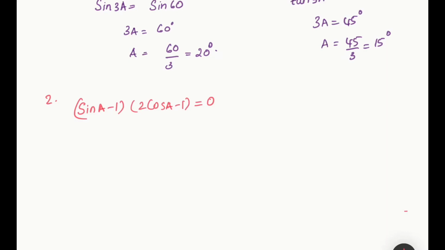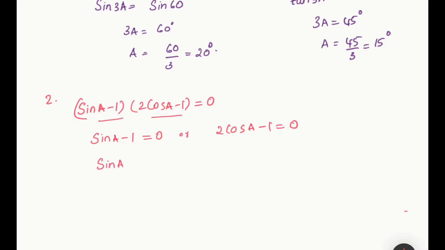We need to take these separately because it is given as a product of this into this equals 0. So let me take the condition: either sin A minus 1 equals 0 or 2 cos A minus 1 equals 0. Okay.